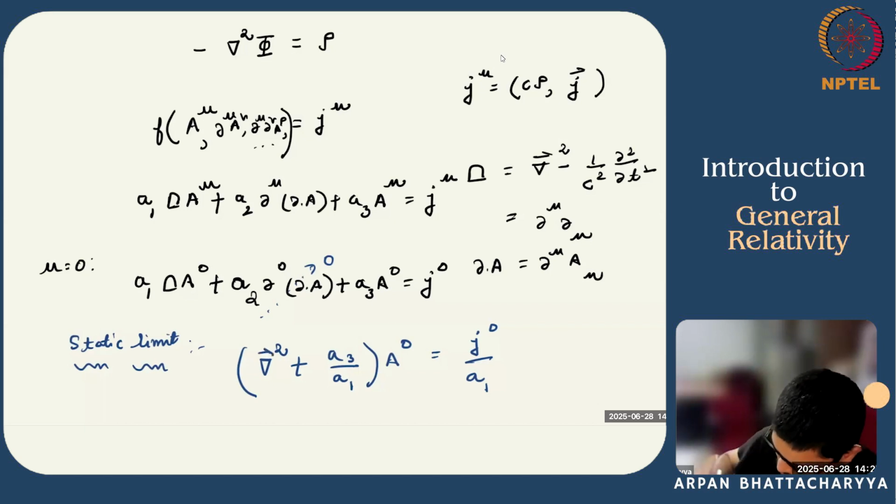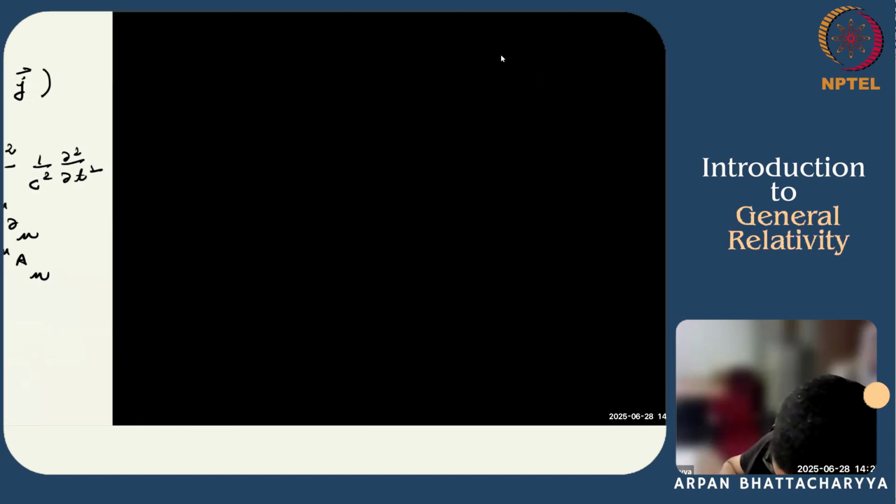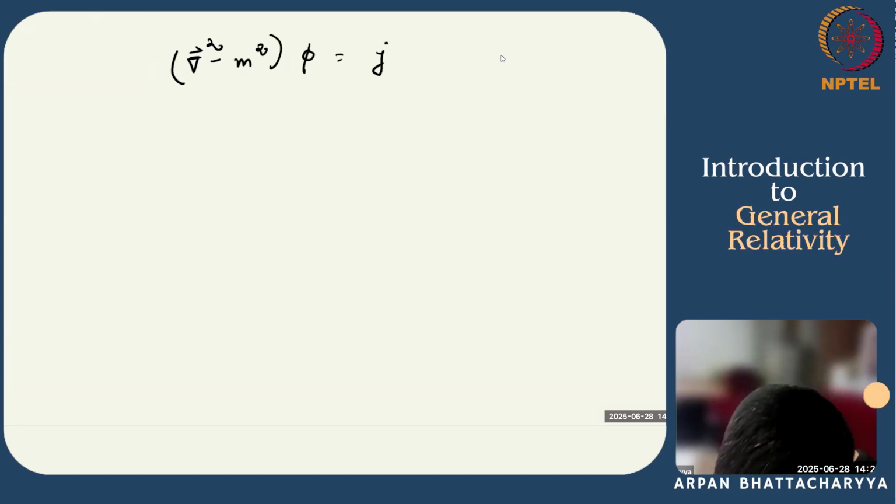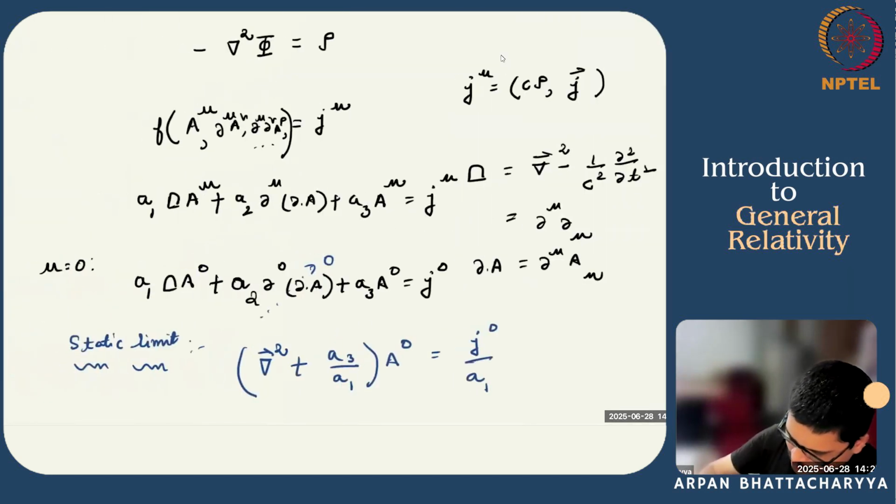Now this equation is of the following form: del square minus some m square acting on a function equals some source j, where this m square is nothing but minus a3 by a1.